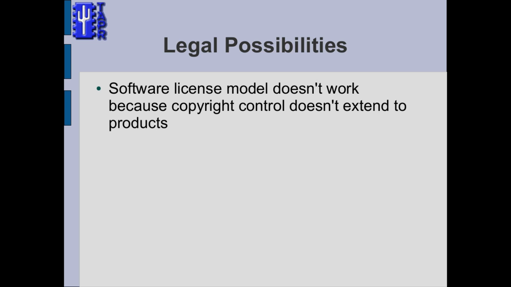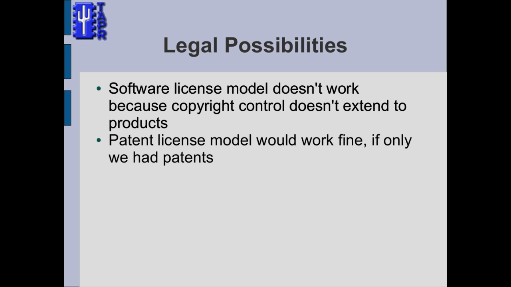So what are the legal possibilities? If we think about the types of intellectual property that are available in most countries, we have the software license model with copyright, but as we just talked about, that doesn't work well for a product regime where we're making physical things.